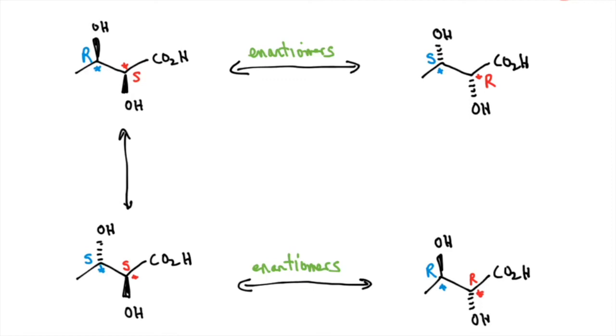So these two molecules here on the left, the top left and the bottom left. In this case, the red stereocenter is still S in both cases, but the blue stereocenter changes. In this case, we say that those two molecules are not superimposable and also not mirror images, and so they are diastereomers.